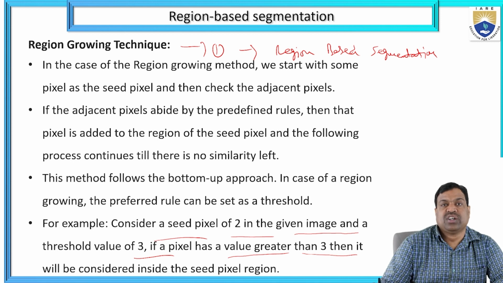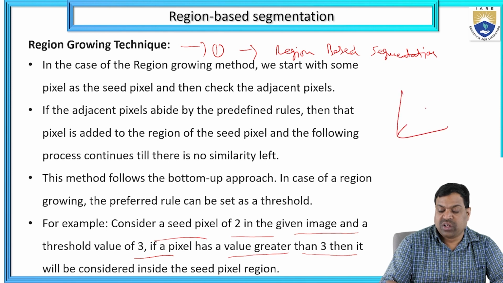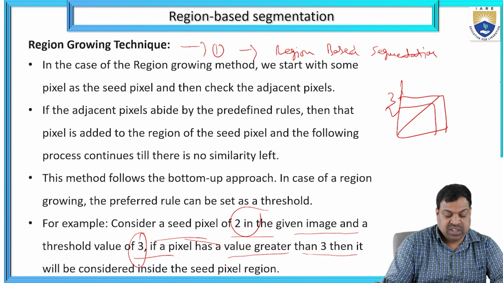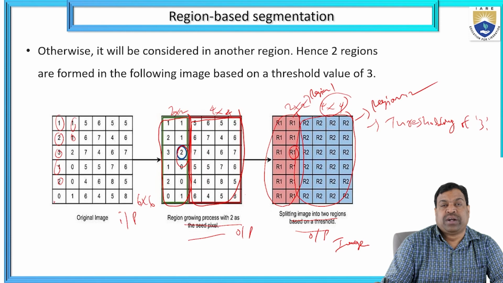In region growing, the predefined rules can be set as a threshold. If the seed pixel in the image is 2 and the threshold level is 3, a pixel with a value within the threshold will be considered inside the seed pixel region. Otherwise, it will be considered another region. Hence, two regions are formed in the image based on the threshold value.